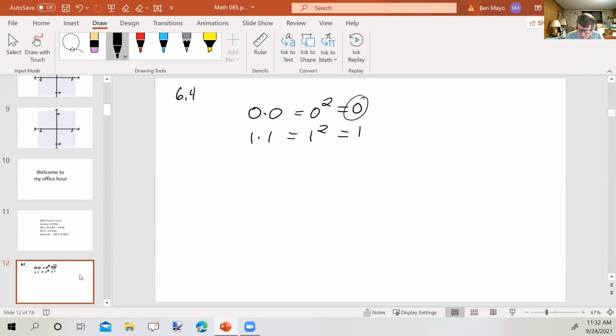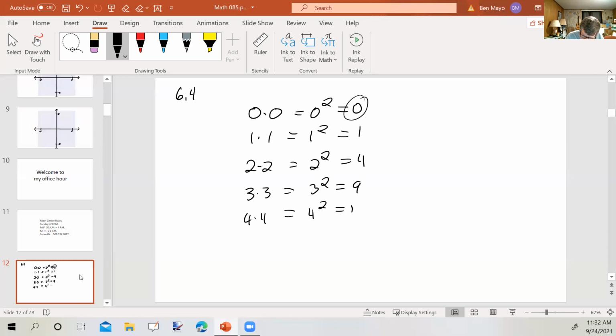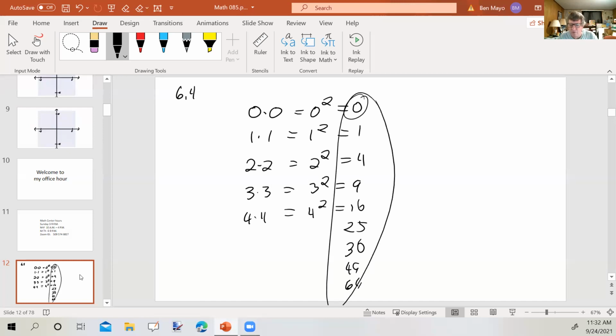So 1 is a perfect square. Not very interesting, but how about 2? 2 times 2, which is 2 squared, equals 4. 4 is a perfect square. 3 times 3, 3 squared is 9. 9 is a perfect square. 4 times 4, or 4 squared, equals 16. 25, 36, 49, 64, etc. These are all perfect squares because they have 2 identical factors.